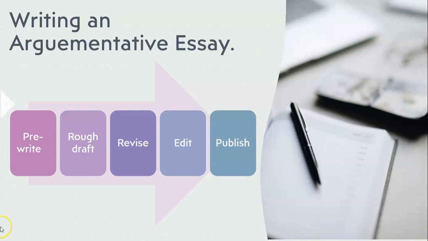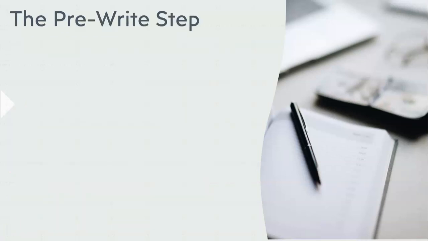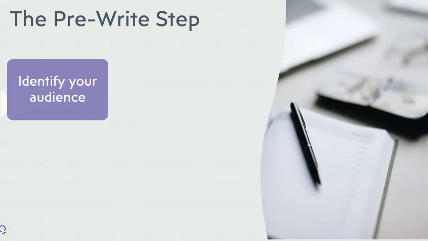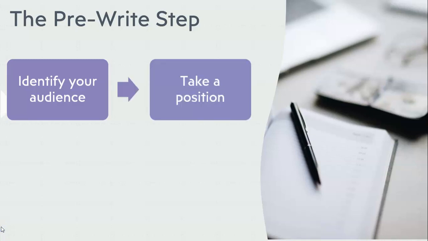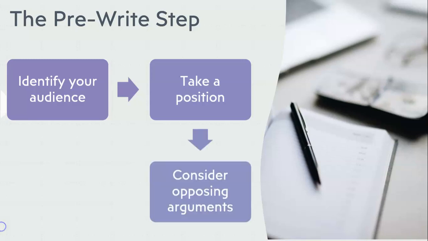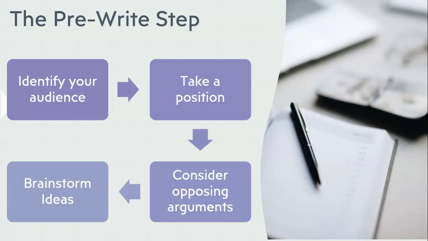Today and a couple of lessons this week, we're going to be concerned with our pre-writing step. So the pre-write step in argumentative text is a four-step process. First, we're going to identify our audience. Then we're going to take a position, and we'll talk more about that tomorrow. Then we're going to consider opposing arguments. And finally, we're going to brainstorm some ideas and then move on to the rough draft step.